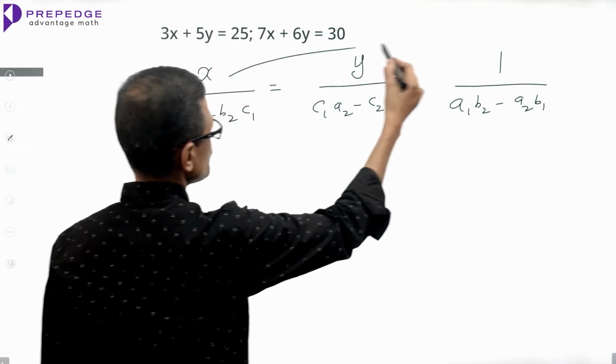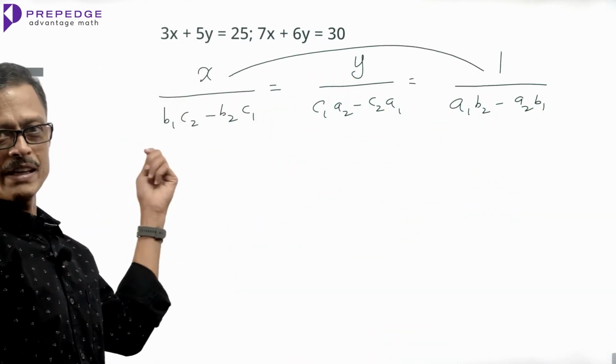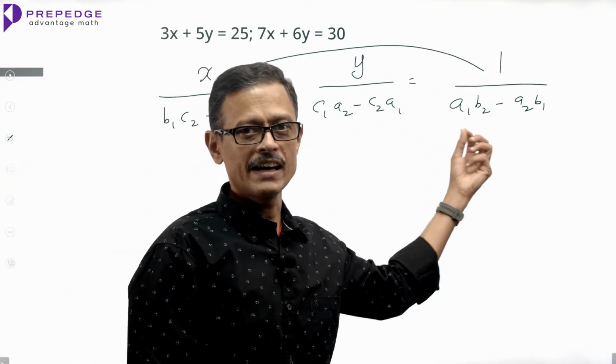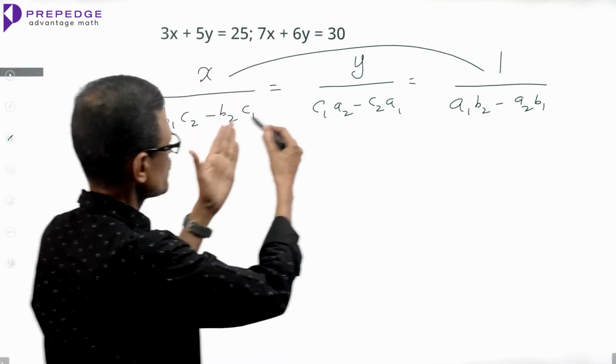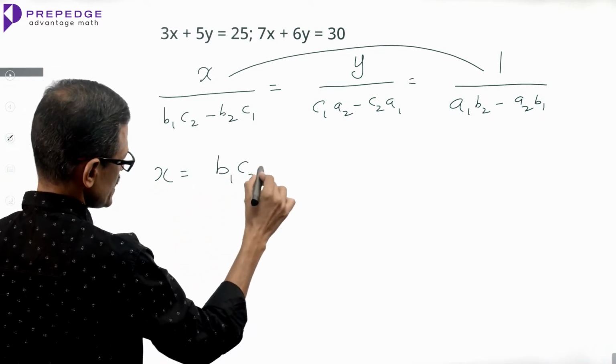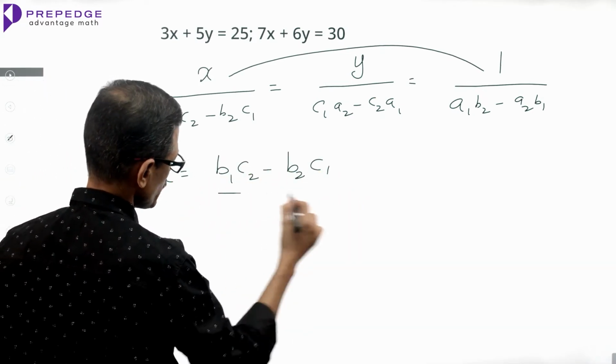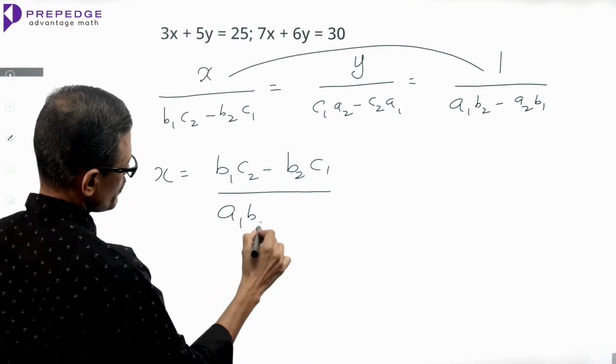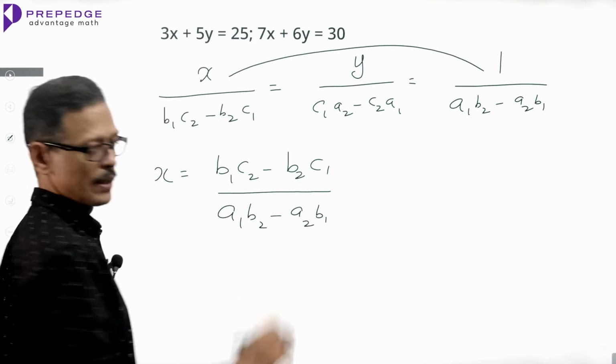So இந்த ரெண்ட மாத்திரம் பார்த்தோம்னா we'll get x divided by whatever is in the denominator is equal to 1 divided by this denominator. So we cross multiply this denominator, we'll get the value of x. x is equal to b1 c2 minus b2 c1 divided by a1 b2 minus a2 b1.